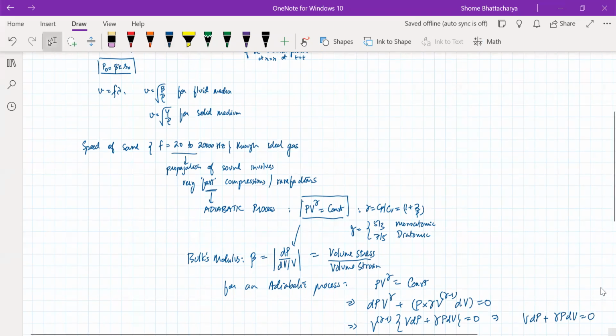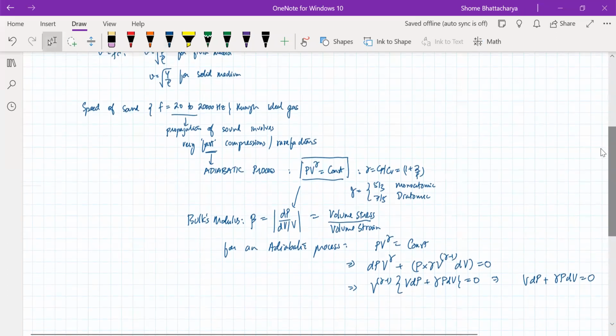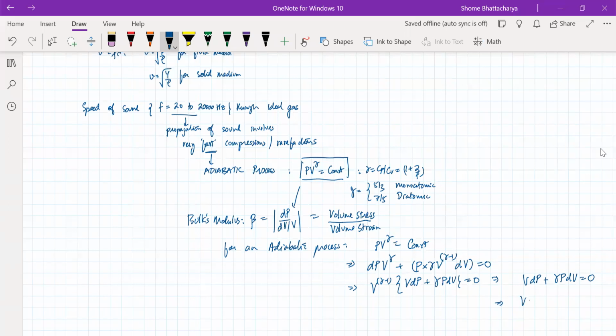So this further implies that V dP is equal to minus gamma P dV. From this we can see that dP divided by dV by V is equal to minus gamma P.